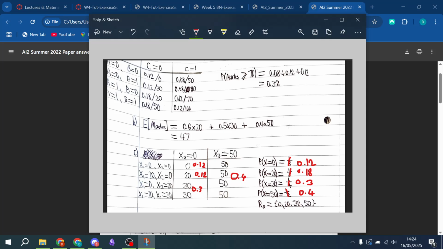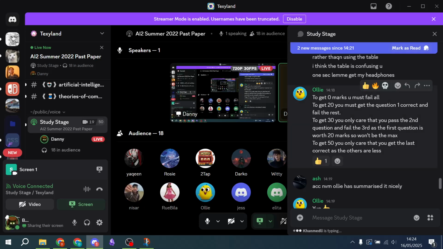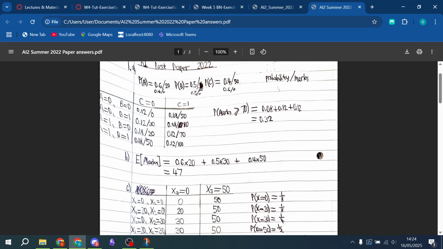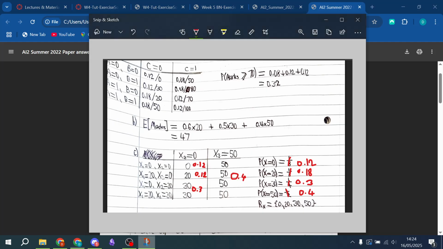Probability X is 30. Then 50, to get 50 as the maximum, you just have to get C right, because it's the highest awarding question. And the probability of getting C right is already given to us. It's just 40%, 0.4. And that goes there.